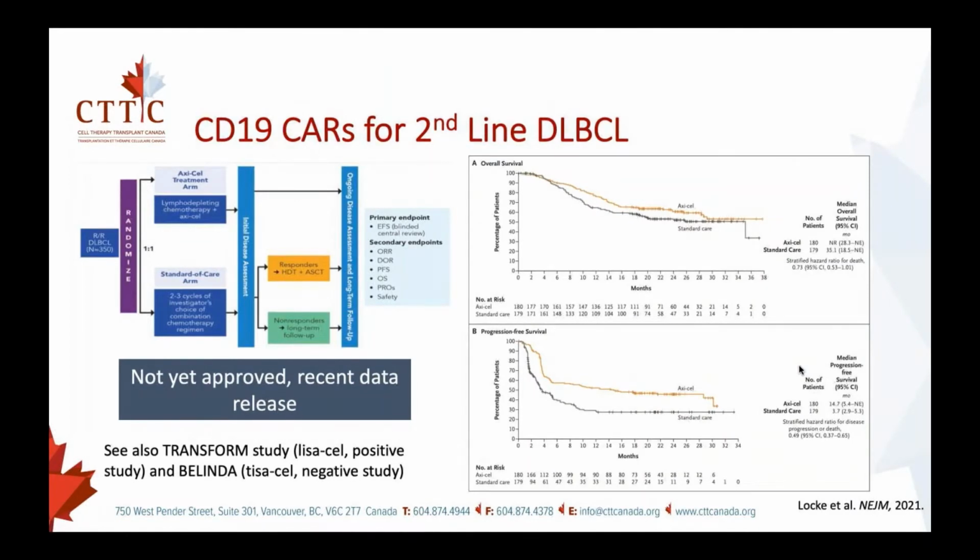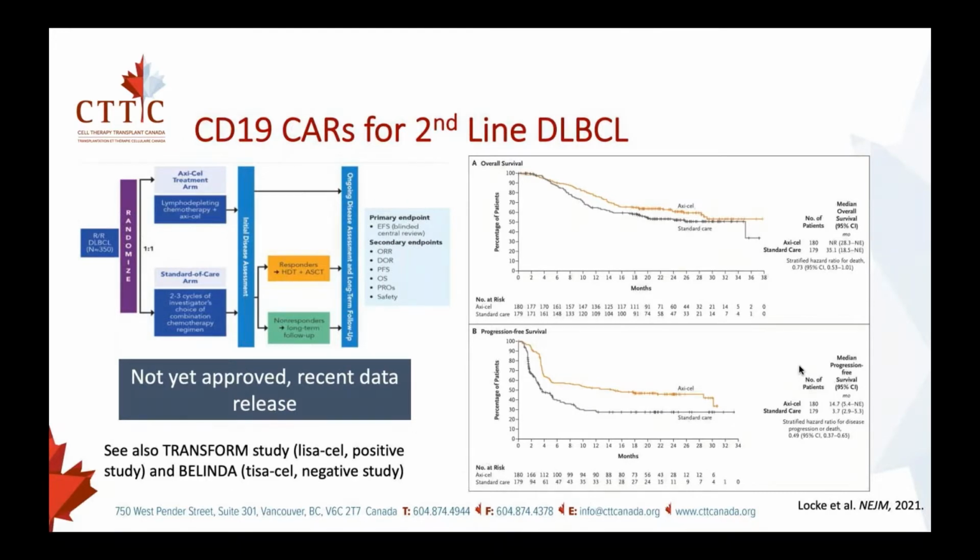So I will just briefly mention that CAR T cells are moving into second line for DLBCL. This is as of ASH 2021, where there were 3 trials presented: the ZUMA-7, the TRANSFORM, and the BELINDA study. This is the ZUMA-7 study showing a definite benefit in progression-free survival of axi-cel compared to transplant in second-line therapy for diffuse large B-cell lymphoma.